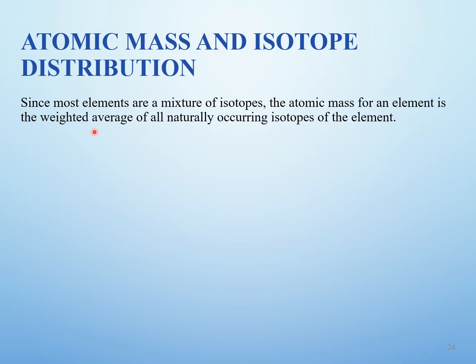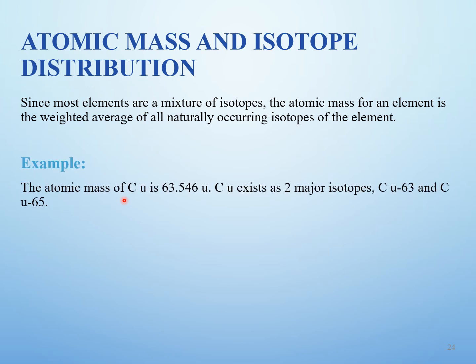So we usually do the atomic mass for the element that you see on the periodic table, and it's going to be a weighted average of all the naturally occurring isotopes for that particular element. Sometimes there's 2, 3, 4, 5 isotopes, but a lot of times one of them is the most common form, and some of them are not as common. So that's why we need a weighted average formula.